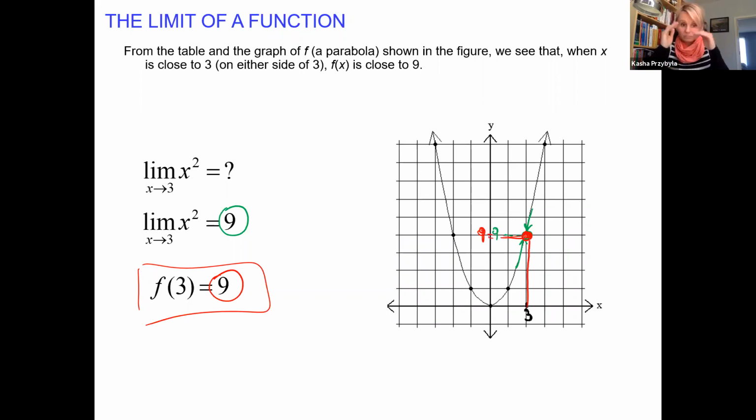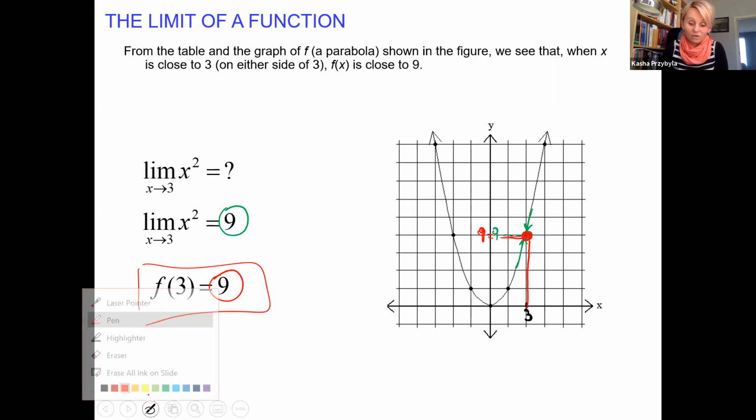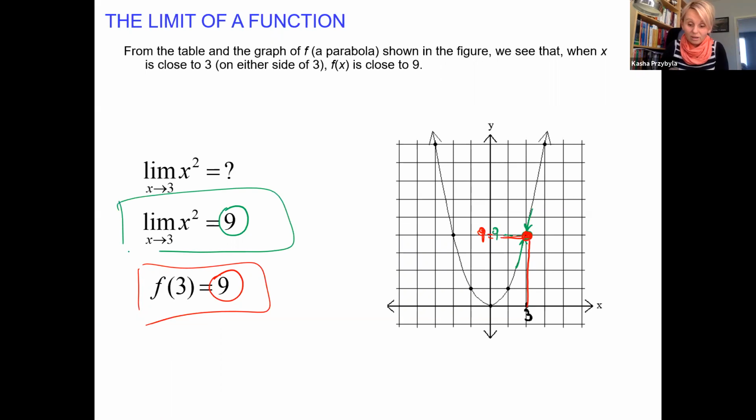No problem. Now the green is telling me that the function is approaching 9. And I don't even have to know what is happening exactly at 3. I know that the curve approaches that red dot. And this red dot could even be empty if I'm just focusing on my limit.